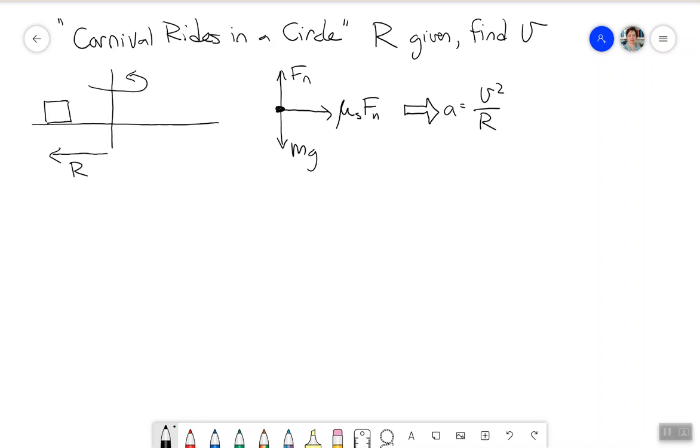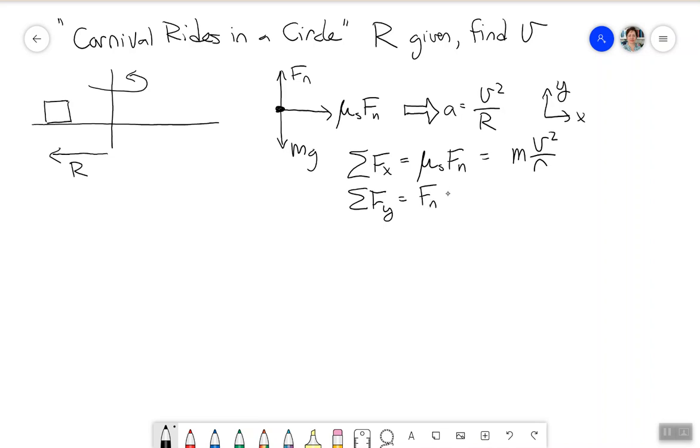And so if we write the free body diagram here, we choose axes that look like x and y, and we write that the sum of the forces in the x direction is mu s times the normal force, and that's m v squared over r. The sum of the forces in the y direction is Fn minus mg, and that's equal to 0.